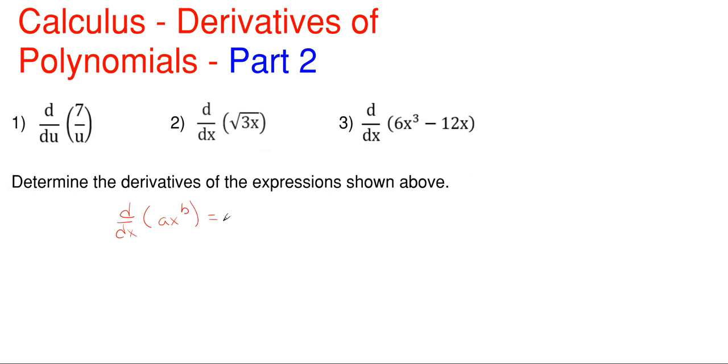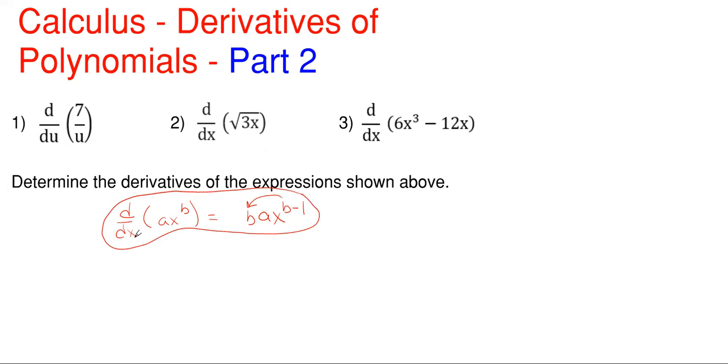When you take the derivative of this ax to the power of b, it will turn into this, where we keep that a, there's our variable x, and then we have to the power of b, we are going to take that b, and it drops in front of the equation, and then we subtract 1 from the power of b. So these three expressions, we're going to work with this type of formula here.